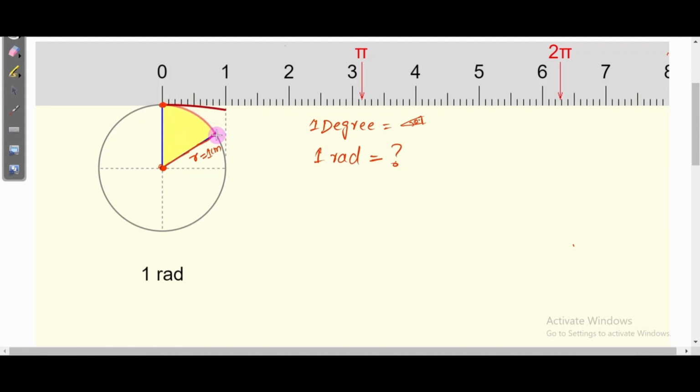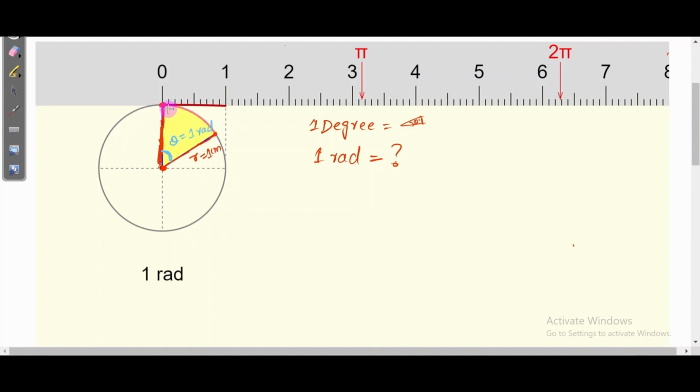So with this original position and this final position, there will be some angle made with the center. So here will be some theta, and this theta is called 1 radian. So 1 radian is actually, if we take the radius times parts from the circle.